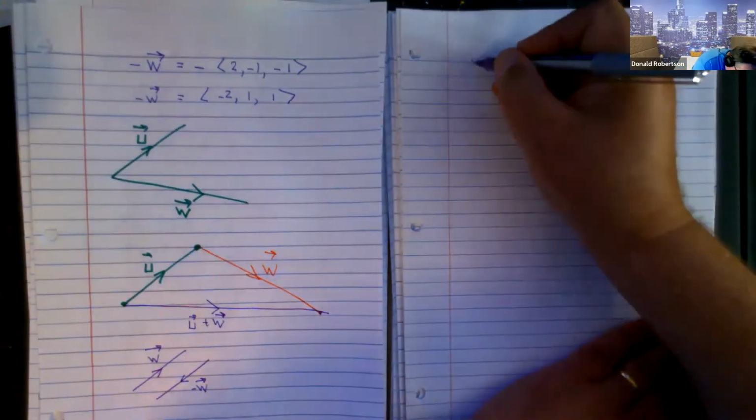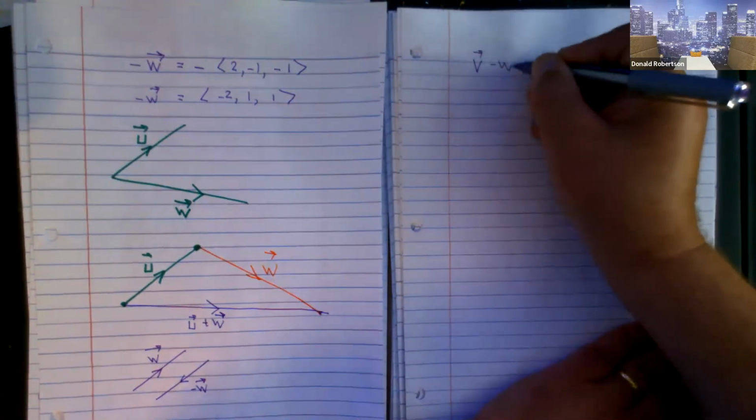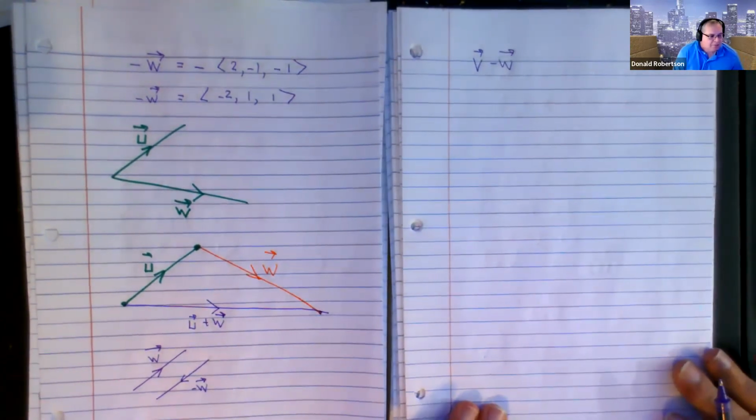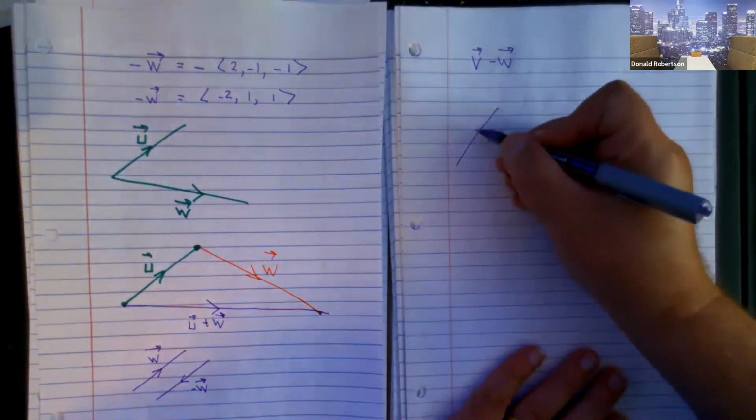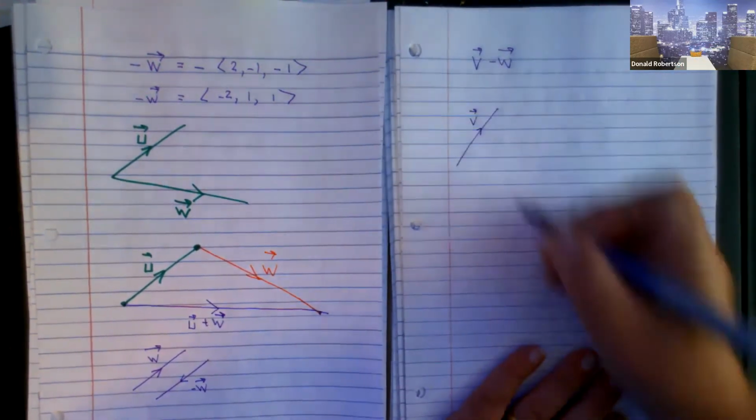So if you wanted a visual representation of a subtraction, let's pretend this is what V looks like.